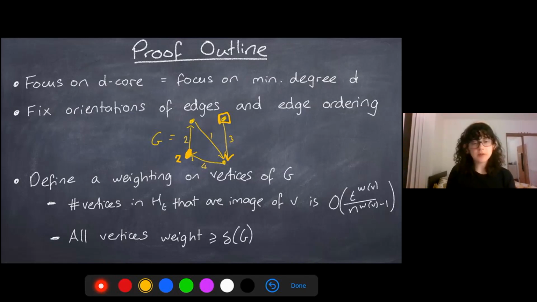And the other property we want our weighting to satisfy is that all the vertices have weight at least the minimum degree.